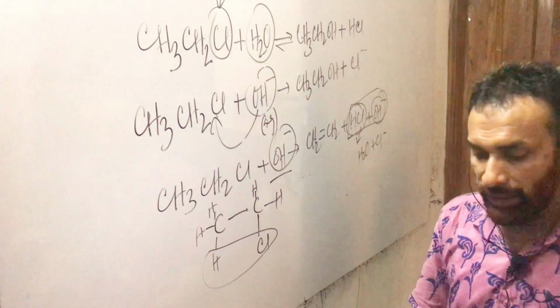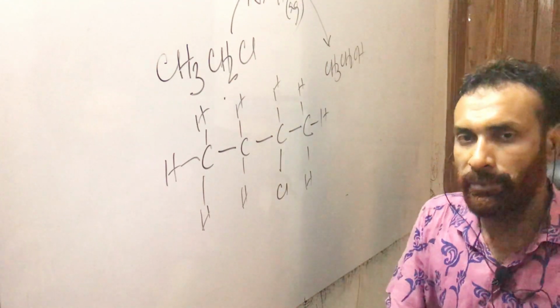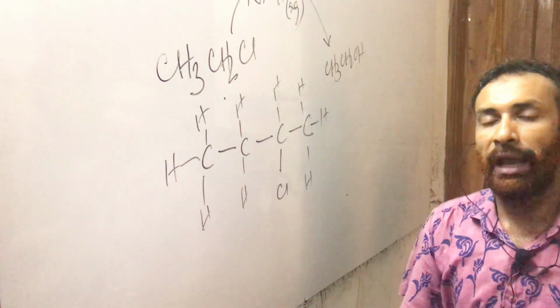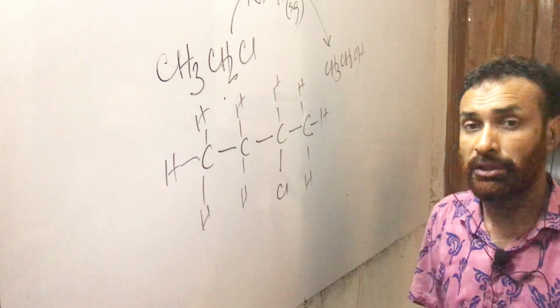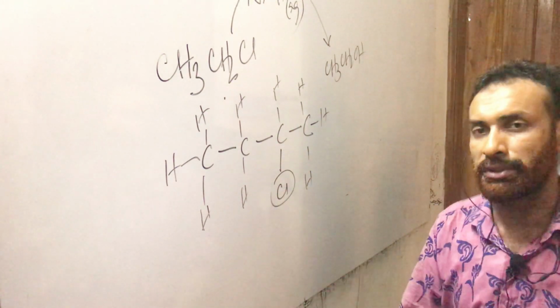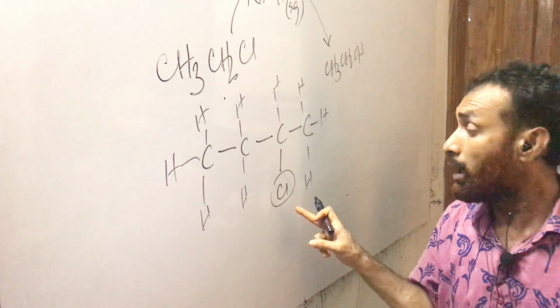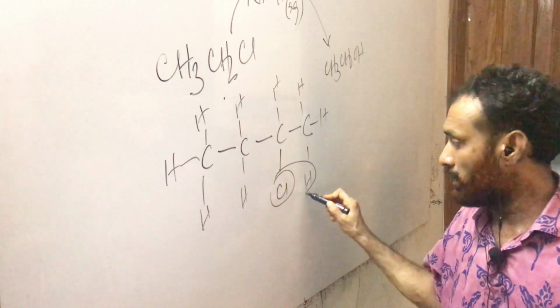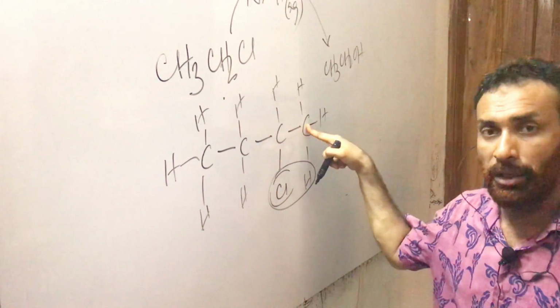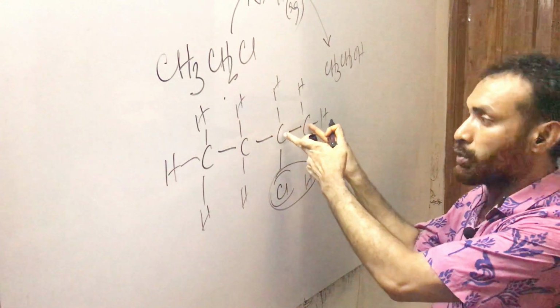I hope these things are clear. If this is the reactant, and you add sodium hydroxide and heat, in this elimination reaction chlorine has two options. One, chlorine may take the hydrogen of this carbon to make a double bond between these two carbon atoms.